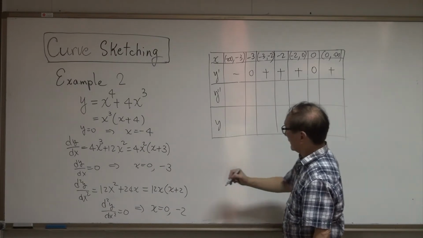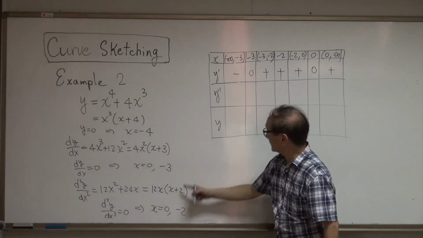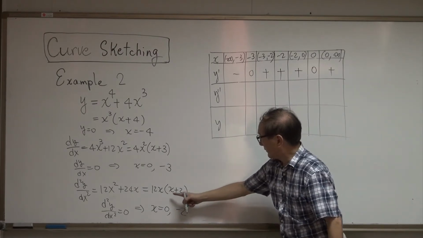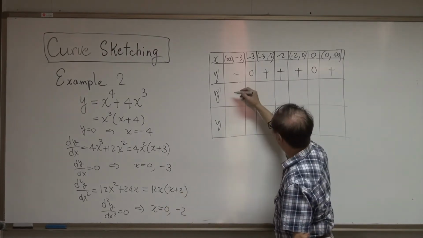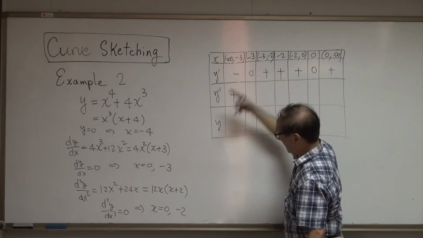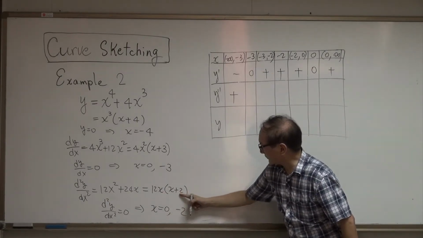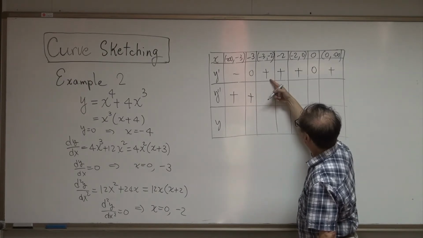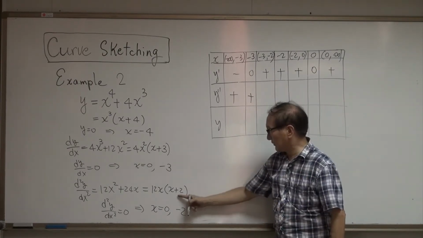Second derivative. In this interval, I choose minus 4. This is minus, this minus is plus, so positive. Minus 3 gives positive. For this interval I choose minus 2.5.